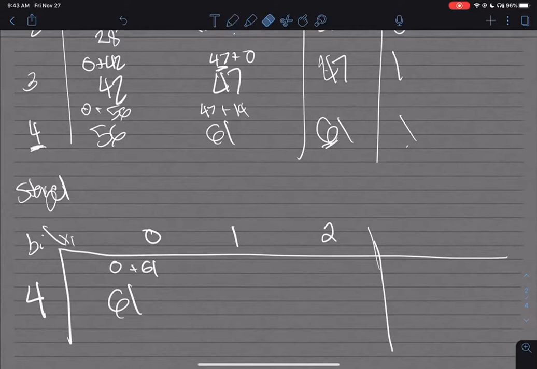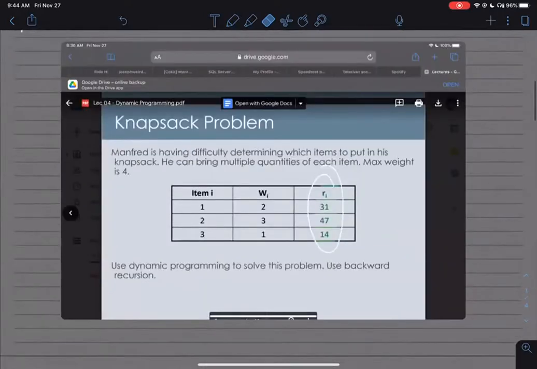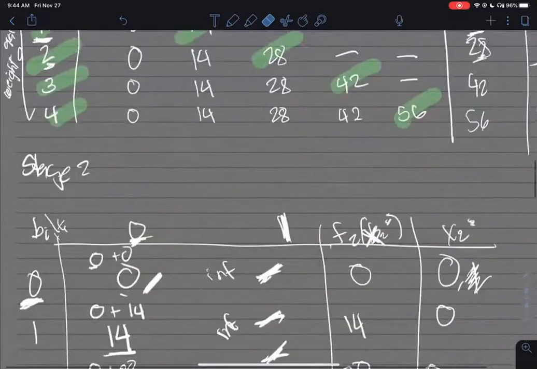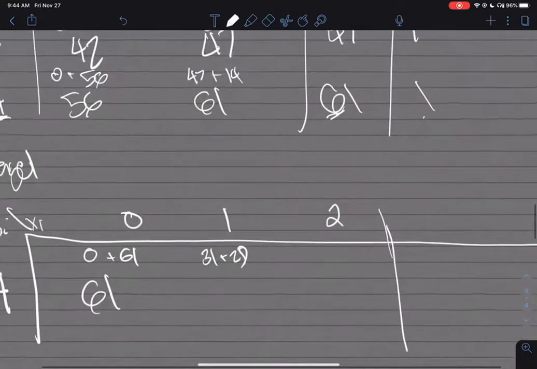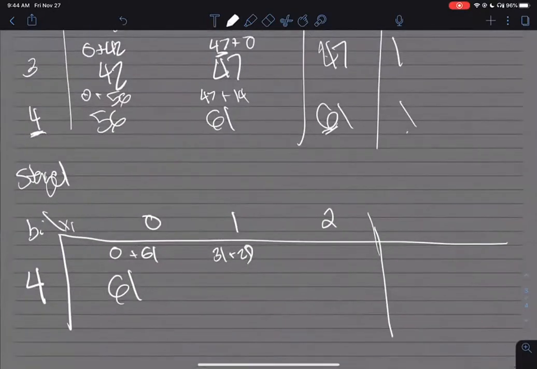Thanks, Aaron. Carlos, can you fill up the next value, please? 1 item po ng item 1 plus 28. So, what's the reward kapag 1 item ni item 1? 31 po. Plus 28. Bakit 28? Para 0 items po.